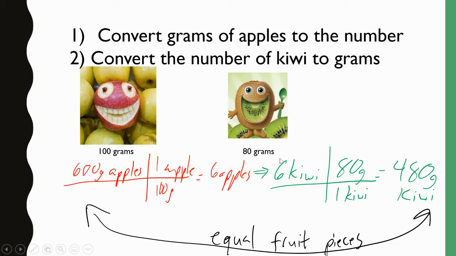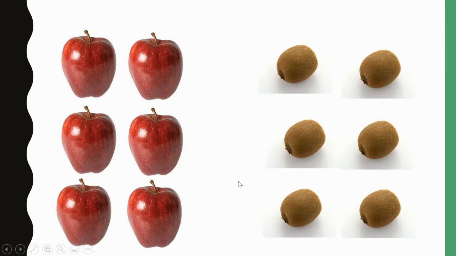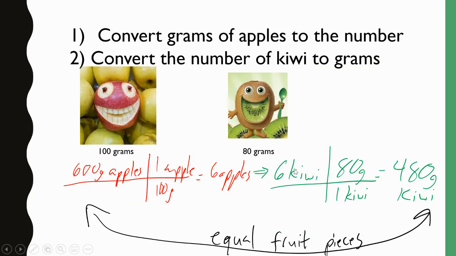We also would need 6 kiwi, since we want equal numbers. And the question is, how much does 6 kiwi weigh? If each kiwi weighs 80 grams, then that's 480 grams of kiwi.